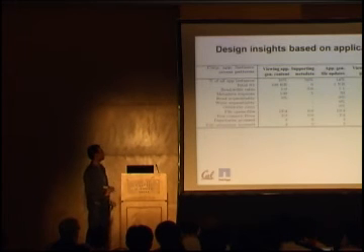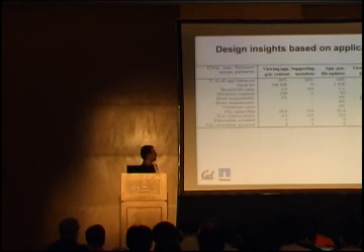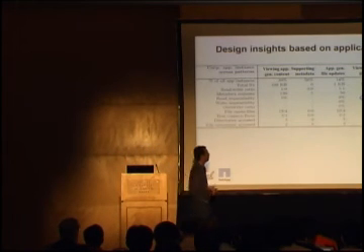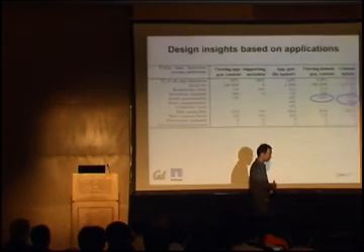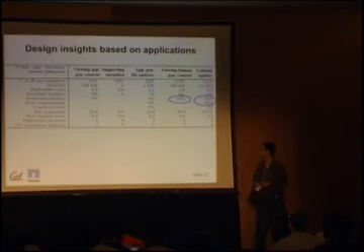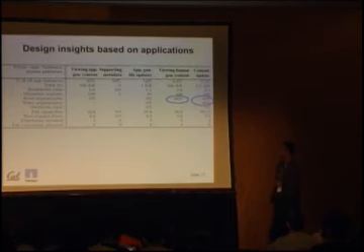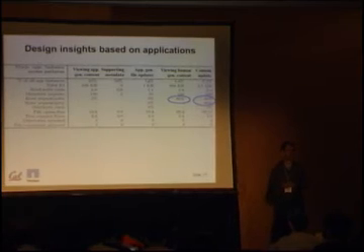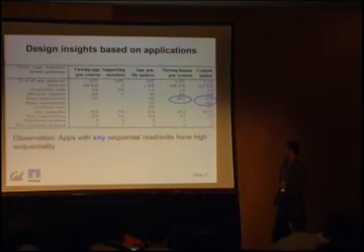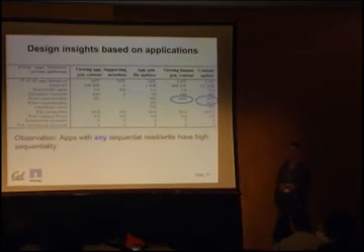So now, design insights based on applications. For example, this one: you will notice that the viewing human content and content update applications both have a large percentage of sequential access. None of the other application types have that. That's the observation: apps with any sequential read-write at all have high sequentiality.